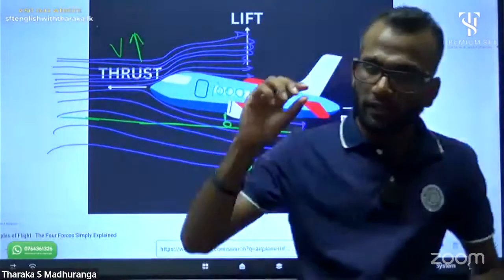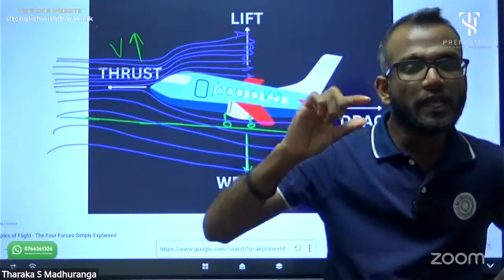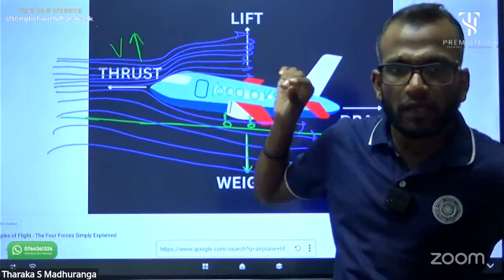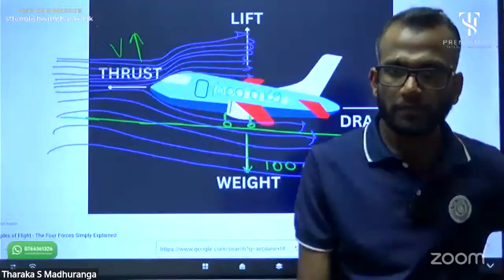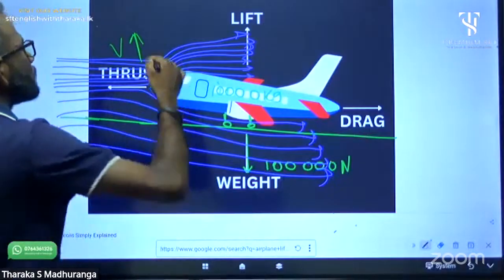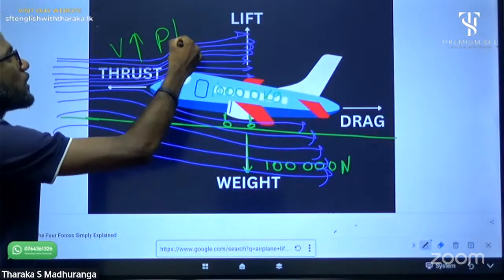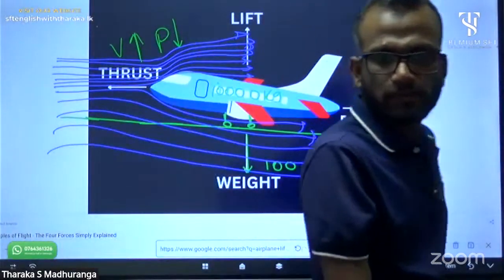Remember that if the streamlines are very close, comparatively on this side, they have high speed, right? According to Bernoulli's theorem, if it is high speed, what happens to the pressure? The pressure is comparatively low, right?